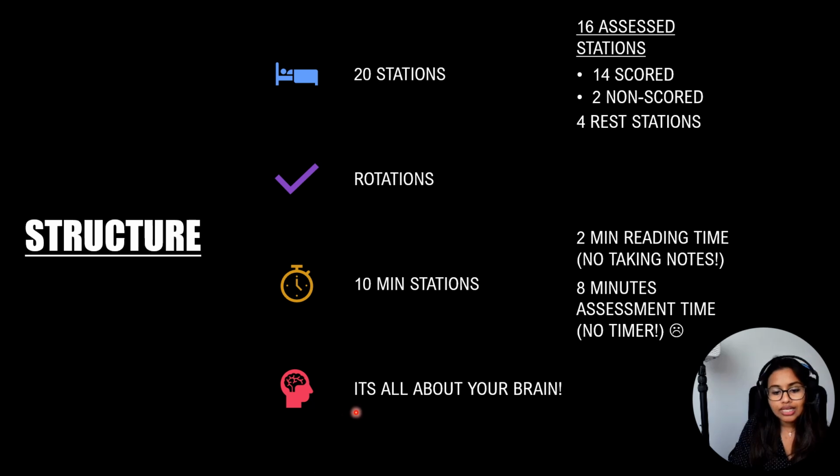Now, that's why I did write down that it's all about your brain. While you're preparing for AMC Clinical, write things in your brain rather than writing them down on your paper, because pen and paper, although it can be used during your assessment time. See, guys, when you're talking to your patient, and you just have 8 minutes to cover a lot of key points, you cannot write down or make note of all the key points on your paper.